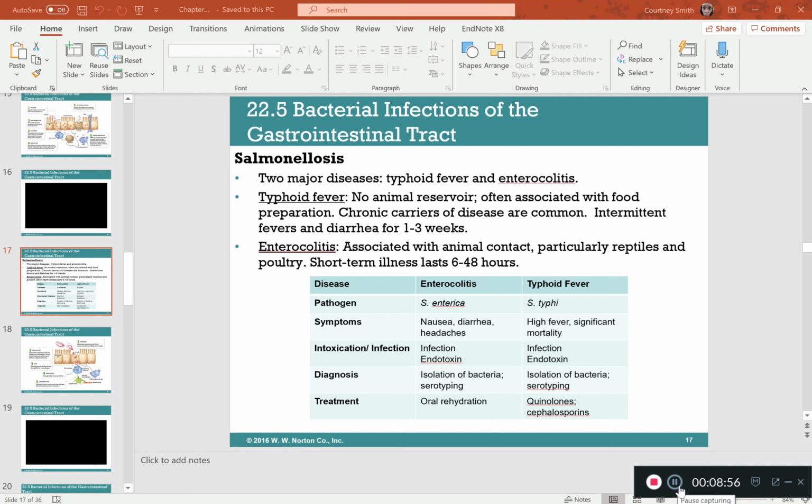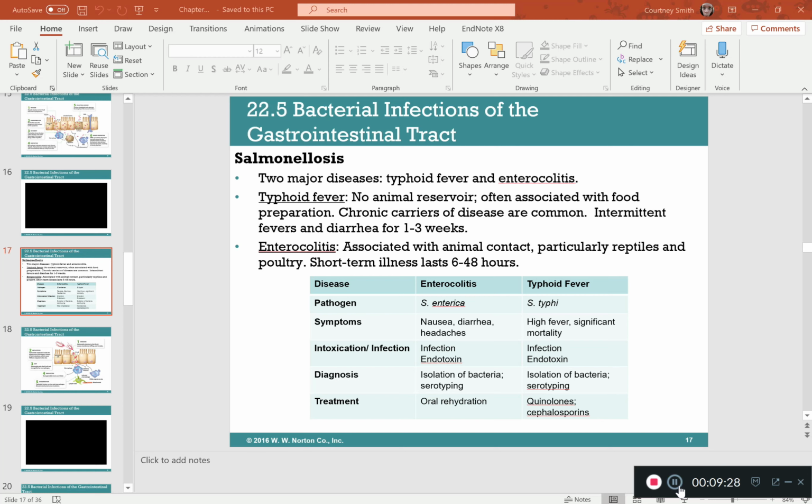With typhoid fever, it has no animal reservoir, meaning that it's only been documented in human disease, not animal disease. So it's associated with poor food preparation, meaning that you primarily get it through contaminated food, and then you'll have fevers, and then you'll have diarrhea for about 2 to 3 weeks.